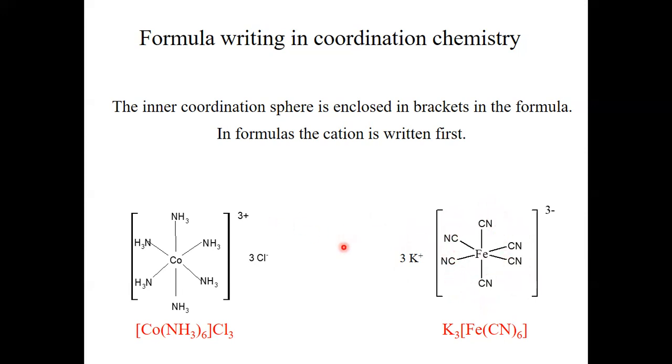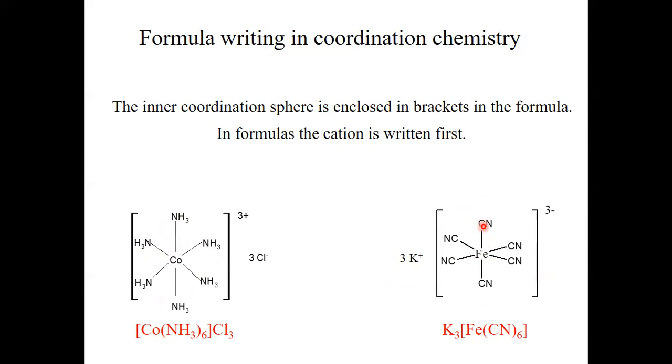If we want to write out the explicit structural formulas, we could write the complex cation and the complex anion as shown here. We could write the cobalt in the center with 6 ammine ligands making 6 nitrogen-cobalt bonds, or as shown over here, the iron in the center, whereby the iron would make 6 carbon-iron bonds as 6 cyano ligands are bound through the carbon.